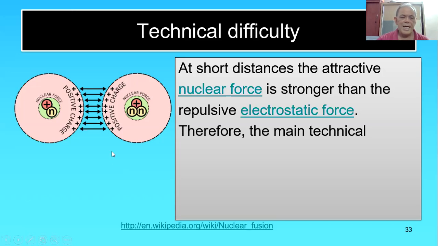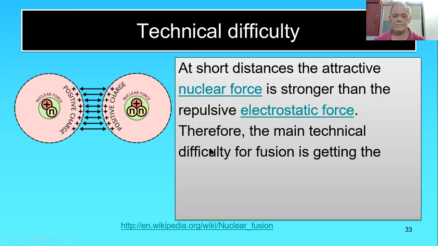So the idea is if we can send it so that it enters the nucleus of the other positive charge, then the nuclear force will take over. The nuclear force is an attractive force. Whereas both positive nuclei will not interact because there's repulsive force. So that's why we have to push them close enough.